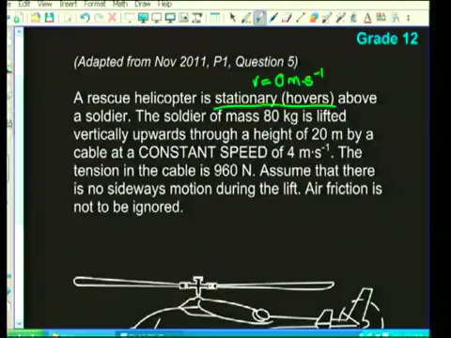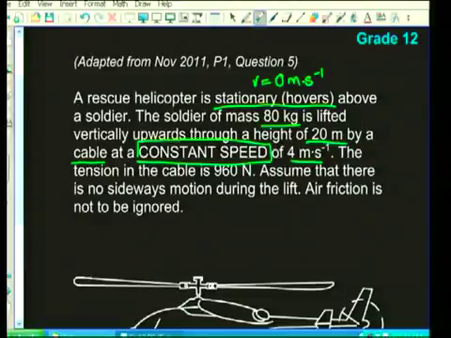Okay, so it's stationary. The soldier of mass 80 kilograms is lifted vertically upwards through a height of 20 meters by a cable at constant speed. So the helicopter is stationary, but the soldier is not. The soldier is going at 4 meters per second, but it's at constant speed.